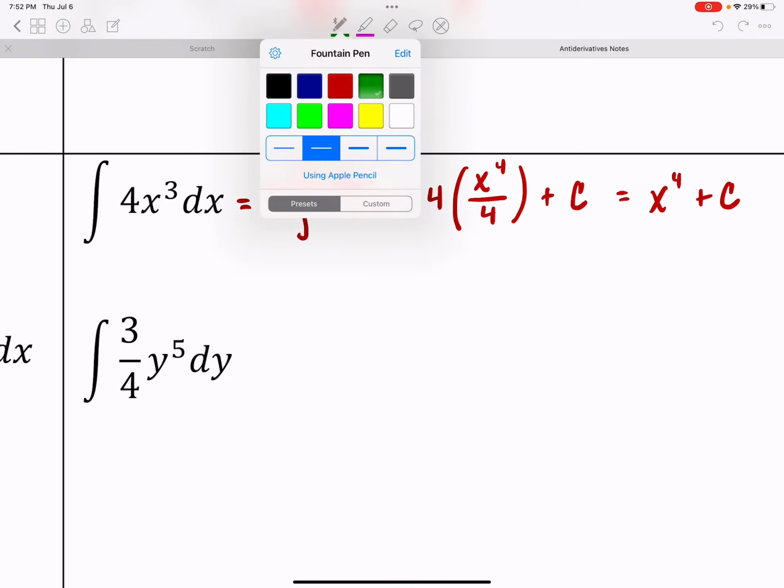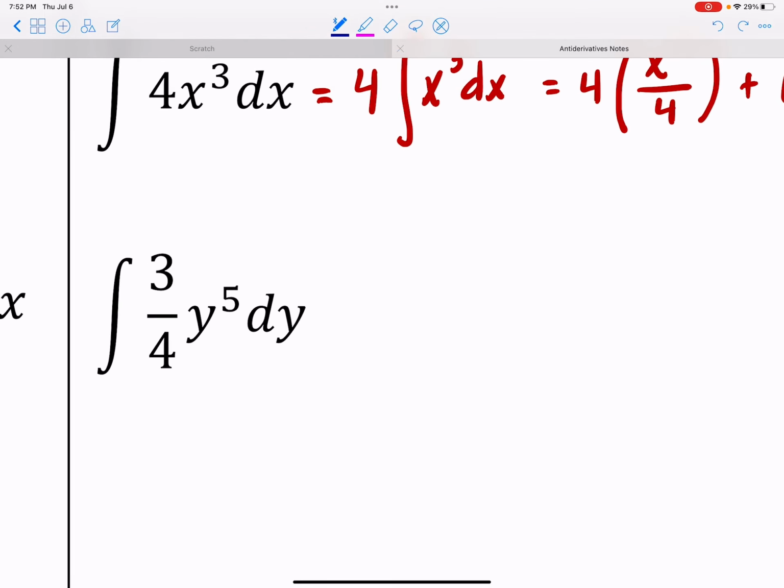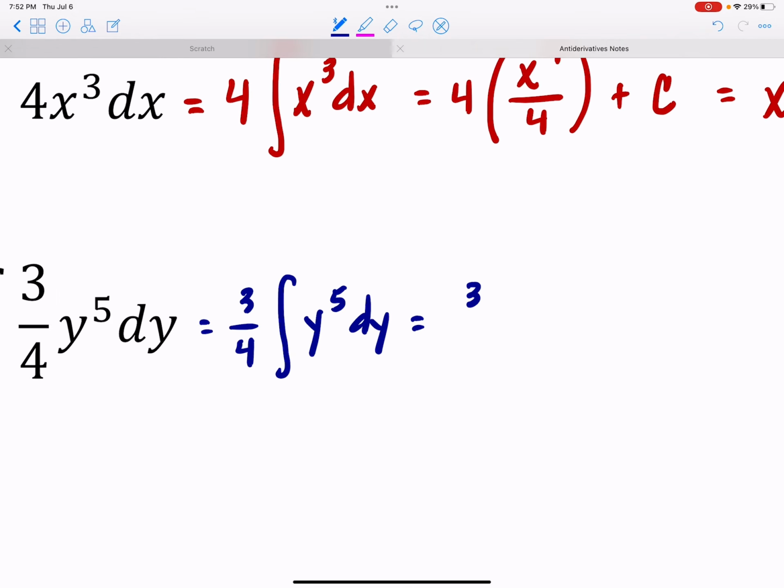Okay, so same thing here. I have y to the 5th being multiplied by that 3/4, so I'm just going to take that out. This is the same as 3/4 times the integral of y to the 5th dy, and so this will be 3/4 times the antiderivative for y to the 5th, which is y to the 6th divided by 6.